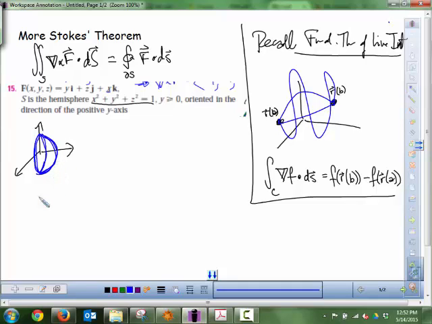Opening sideways. Oriented in the direction of positive y, so the orientation is positive y. And then we said that this orientation for the surface gave a positive orientation for the boundary going in this direction. Right?